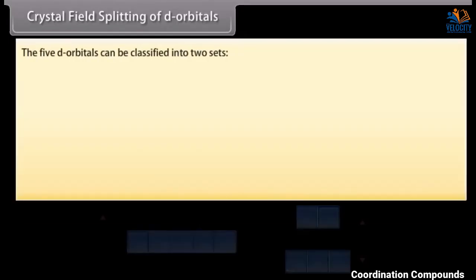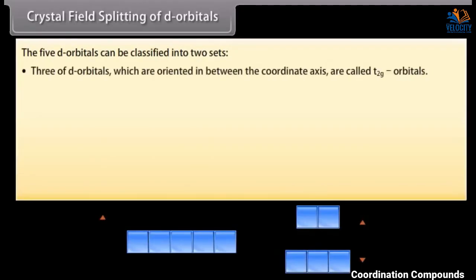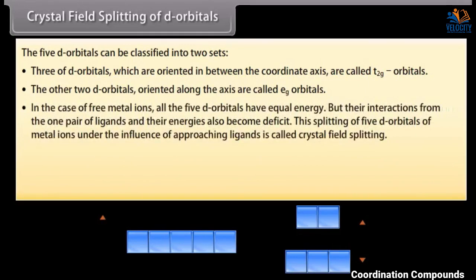Crystal field splitting of d orbitals. The 5 d orbitals can be classified into 2 sets. 3 of the d orbitals, which are oriented in between the coordinate axes, are called t2g orbitals. The other 2 d orbitals, oriented along the axes, are called eg orbitals. In the case of free metal ions, all the 5 d orbitals have equal energy, but on interaction with the ligands their energies become different.